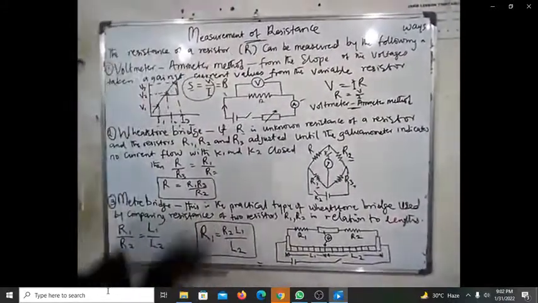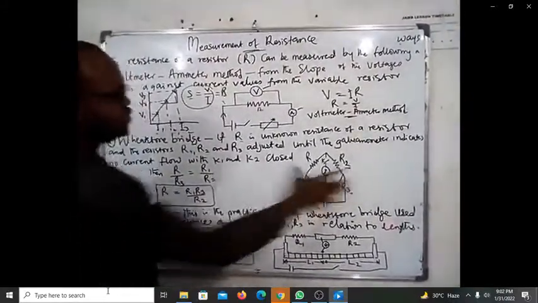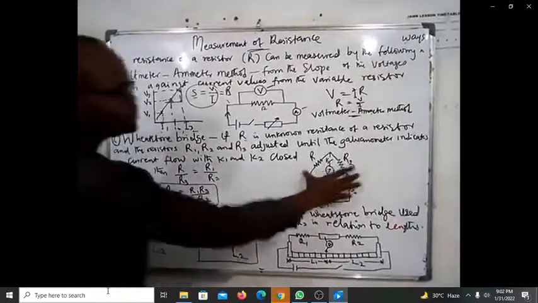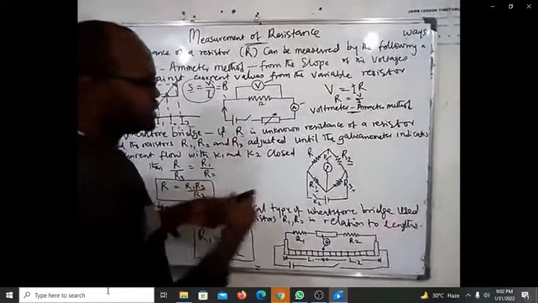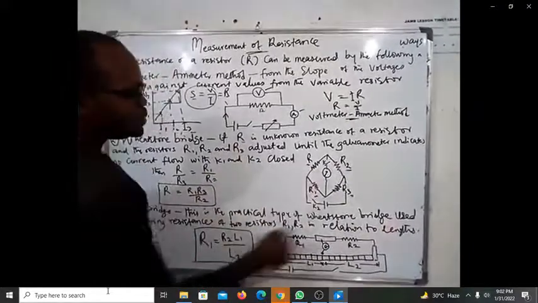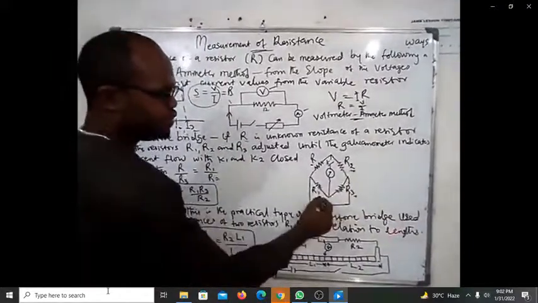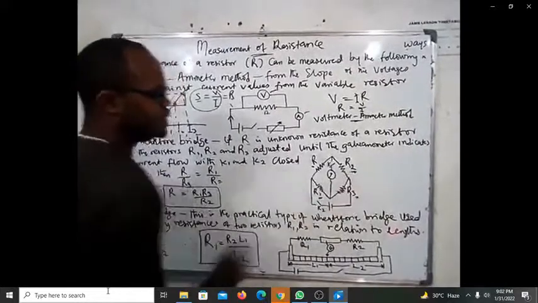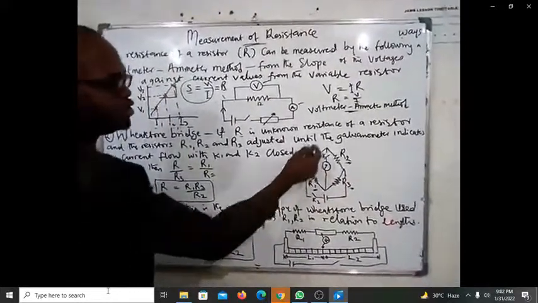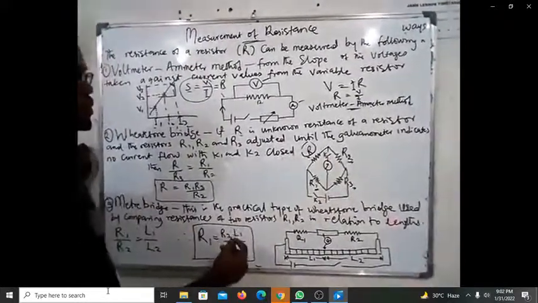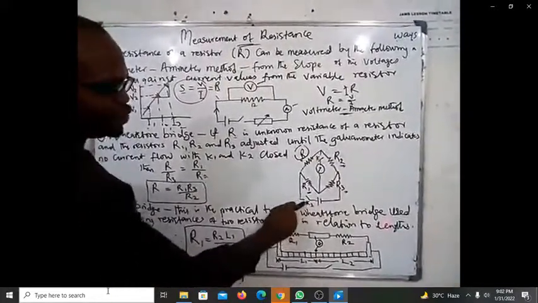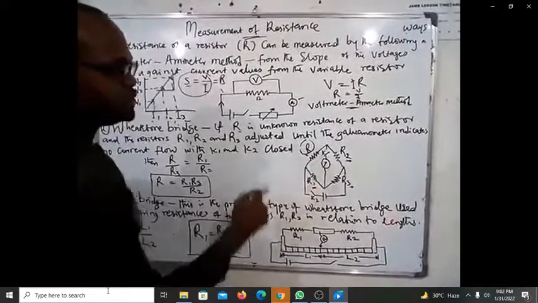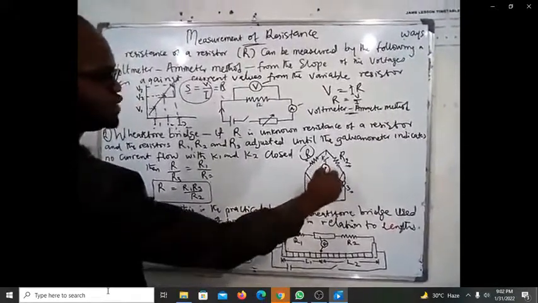Number two is by having a setup like this. This setup is known as a Wheatstone bridge. This is done by comparing. When you have R unknown, the resistance that you don't know, but you know the resistance of R1, R2, and R3, how do you get to know the unknown resistance? You have to adjust by closing the switches K2 and K1 until there is no deflection in the galvanometer.